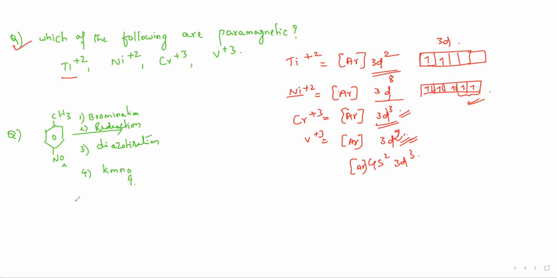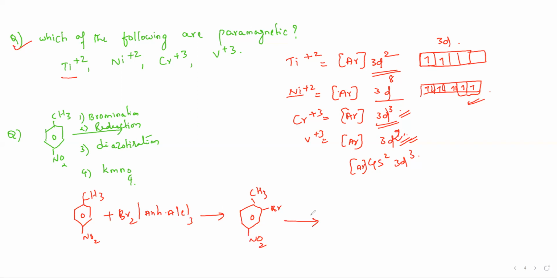Coming to the next question, bromination. If you do bromination, the bromine attacks the ortho position with respect to CH3, because the para position is already blocked with NO2. So whenever we do bromination, bromine is added here.